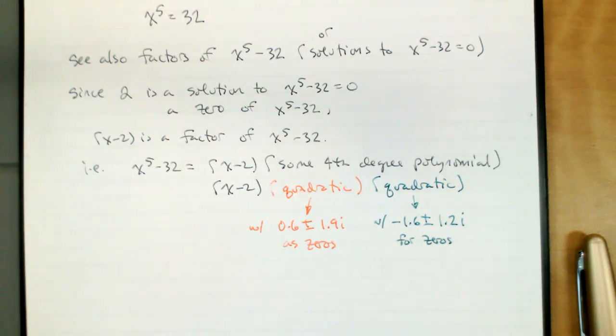So we can really see how the structure in algebra and the structure in trigonometry come together with these polar coordinates and these complex numbers.